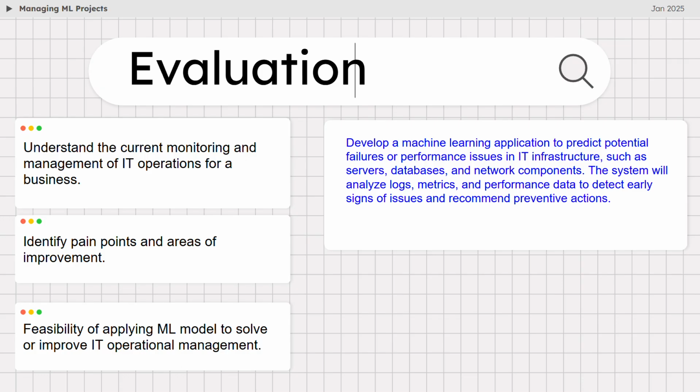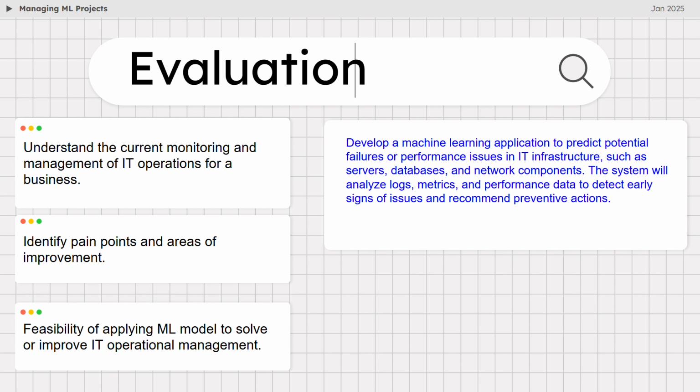And we'll see if an ML model can help solve or improve the situation here. I would definitely think a machine learning application can predict a potential failure or performance issue in the infrastructure, such as servers, databases, network components, using a variety of different situational data.